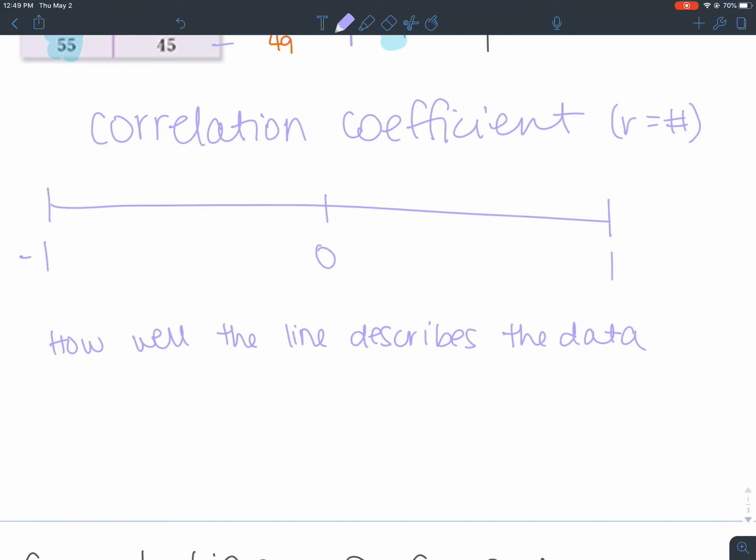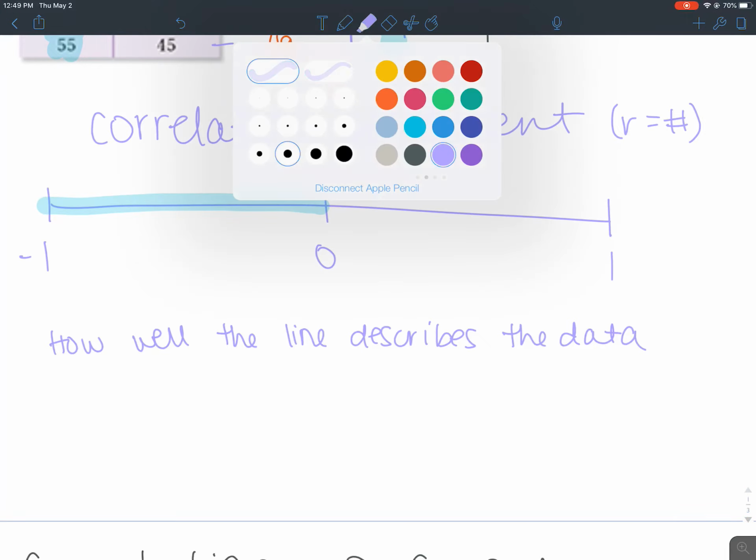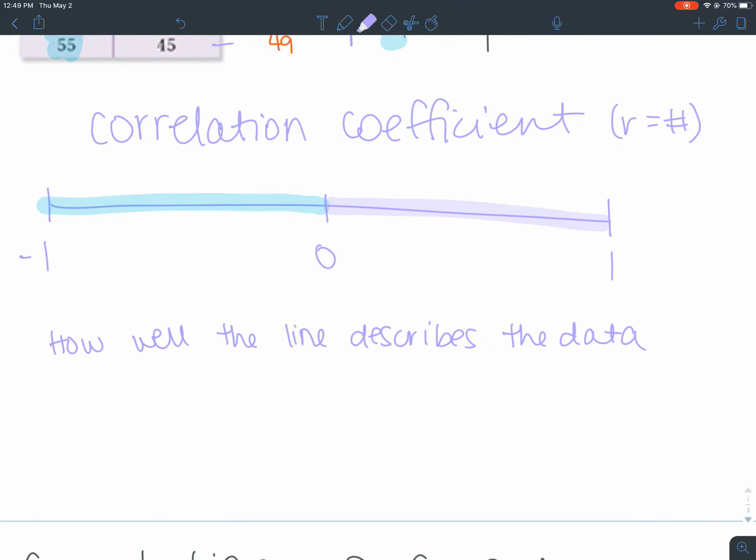Okay, so the slope of the line is broken down into negative or positive. So we have a negative slope, or a positive slope. And the strong ones are on the ends, and the weaker ones are towards the middle. Okay? Stronger on the ends.